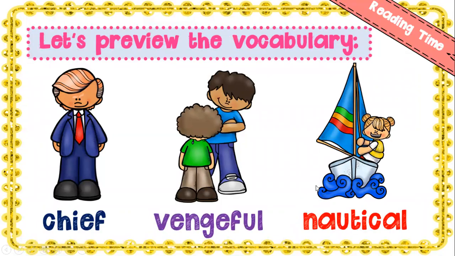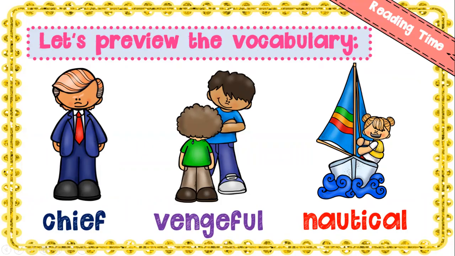Now the word chief is the head person, the leading person. Let's see, the chief is running the business. So it's kind of a way to refer to a boss of something. It's a leader of a group.